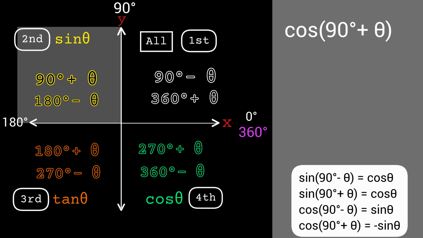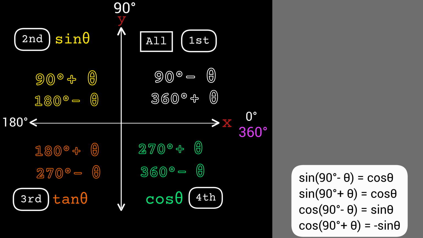Cos theta in this quadrant is negative. When you are dealing with function values of 90 degrees plus or minus theta, cos changes into sine and sine changes into cos. So we're not going to have a negative cos theta, but we're going to have a negative sine theta.